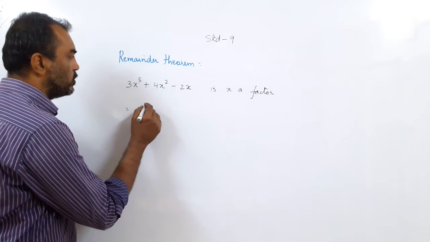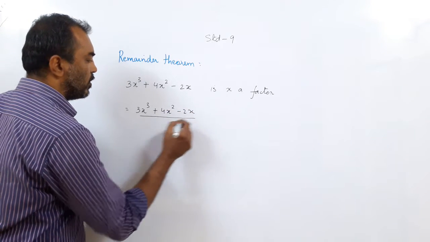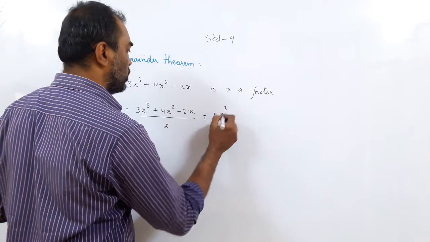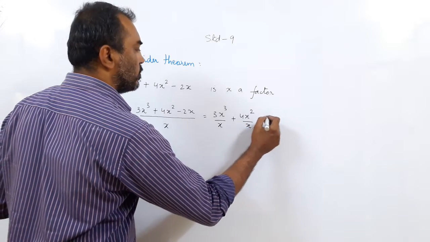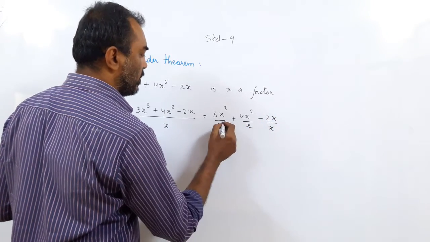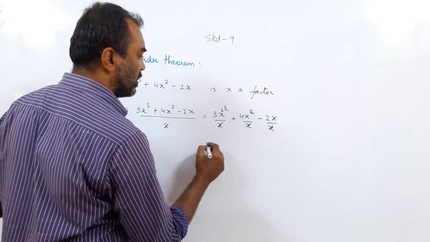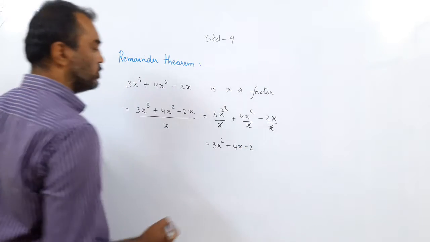So I write 3x cube plus 4x square minus 2x upon x, or 3x cube by x plus 4x square by x minus 2x by x. X cuts here, becomes square, x cuts here, becomes 1, x cuts here. I get 3x square plus 4x minus 2.